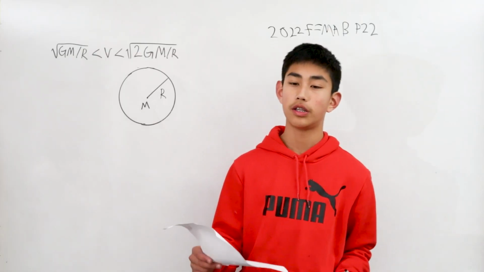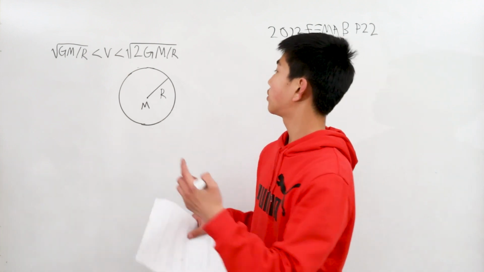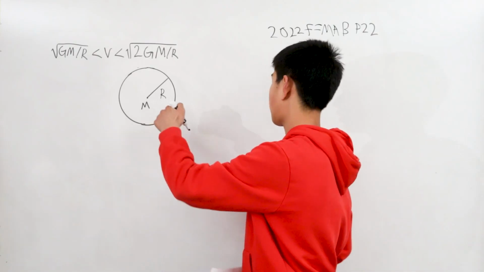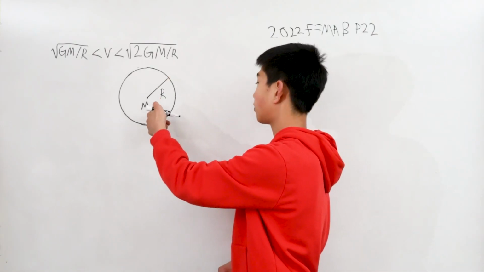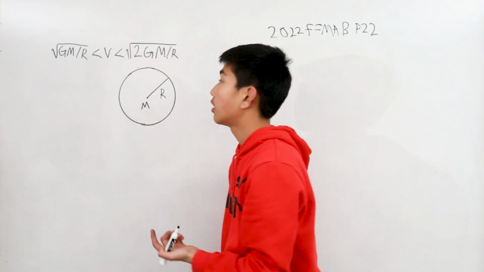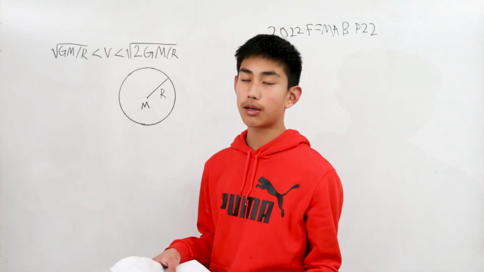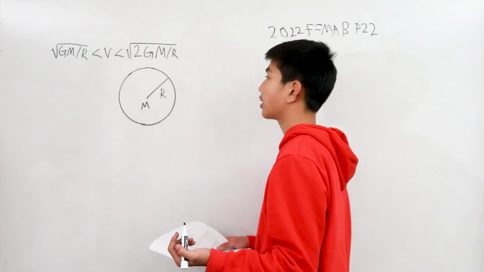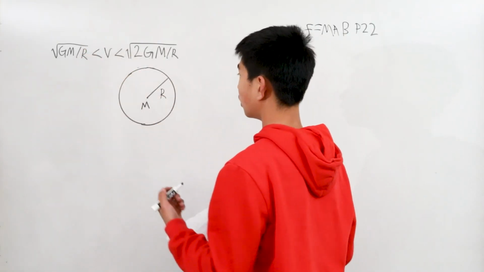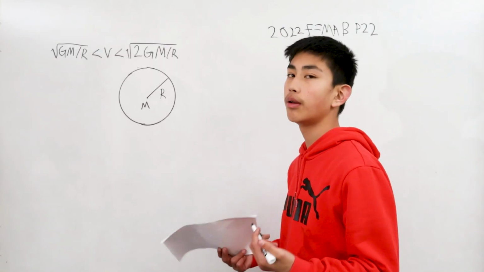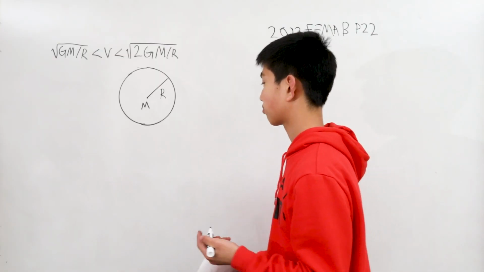So, in this problem, first thing you want to notice is that obviously the radius is r and the mass of the planet is m. Now, the bounds of this velocity of the object being launched into space, since it's between these two seemingly discrete values, these are actually very important values in physics.